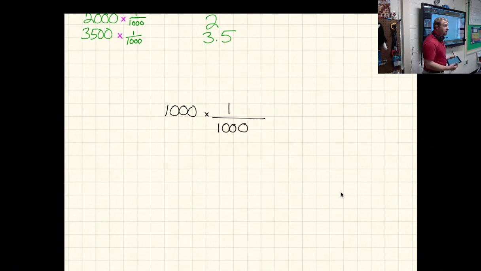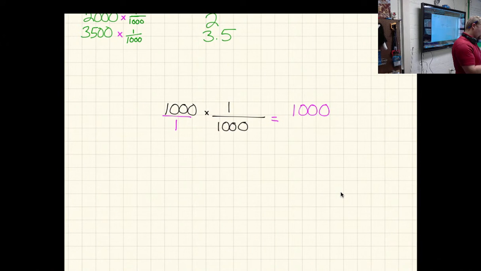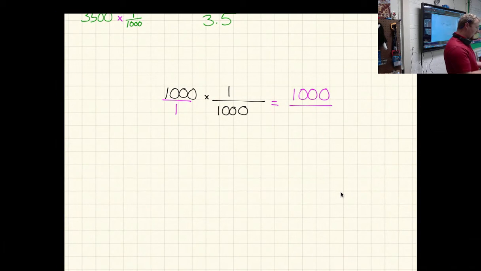When I'm multiplying these, how else could I write this number? I could do it as 1,000 over 1. Any number like this can always be written over 1. That's a rule we have established in previous math classes. So if I multiply through the top, which is what I do with fractions, I get 1,000 on top. What do I get on the bottom? 1,000 on the bottom. What is 1,000 over 1,000?